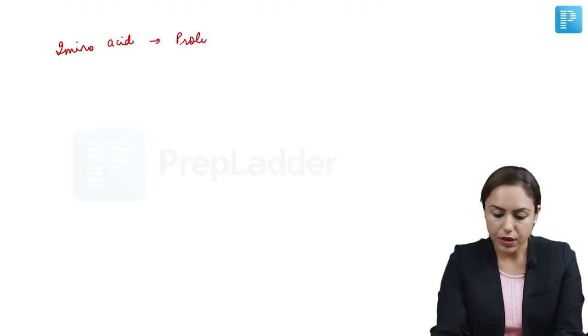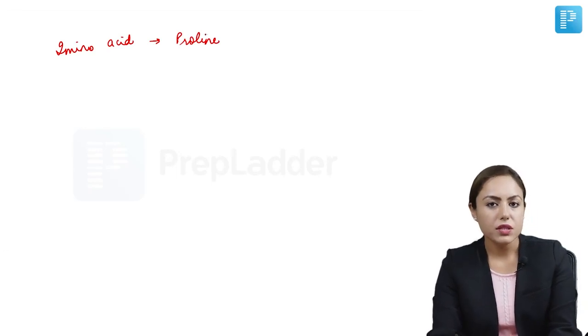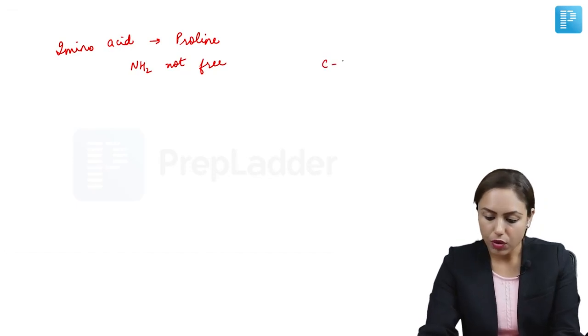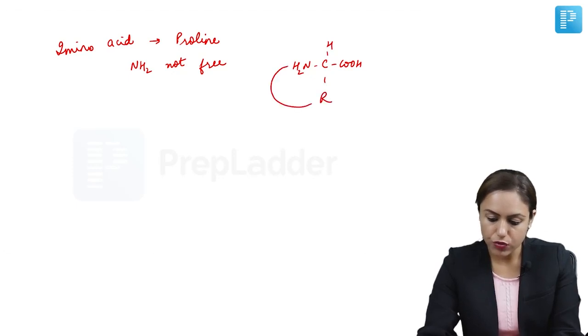That is proline. This proline is not called an amino acid, it is called an imino acid, because here the amino group is not free. The amino group is not free because this amino group is attached with the side chain, making a ring, and this ring is known as pyrrolidine ring.